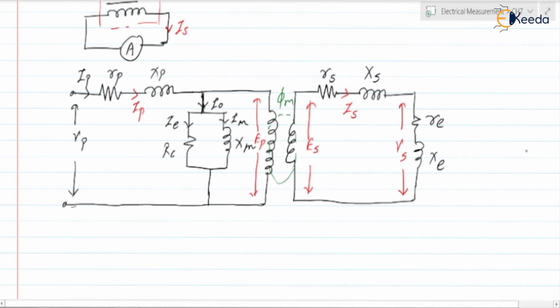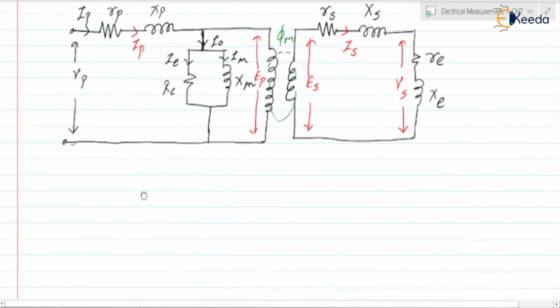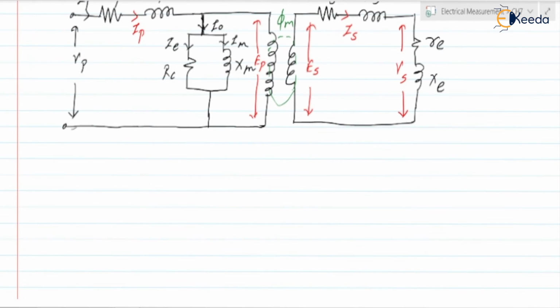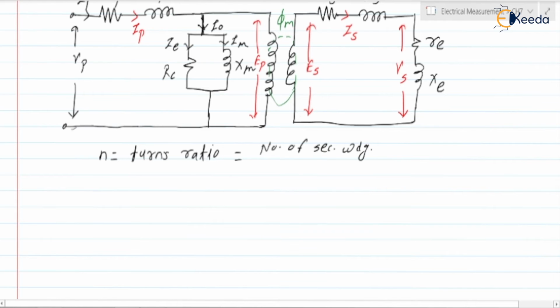Where N is equal to the turns ratio, we have already discussed, which is equal to the number of secondary winding turns divided by the number of primary winding turns.